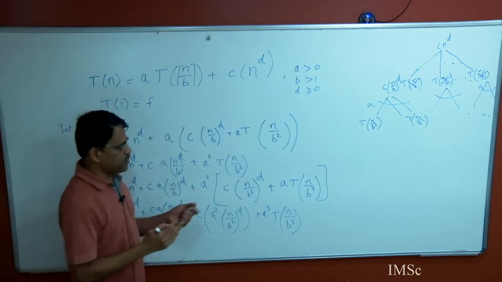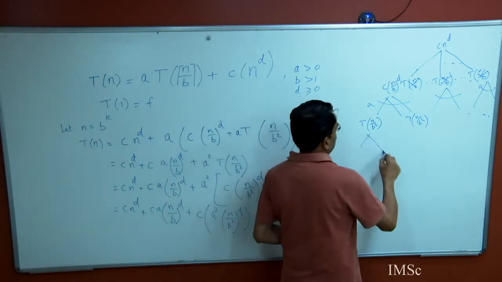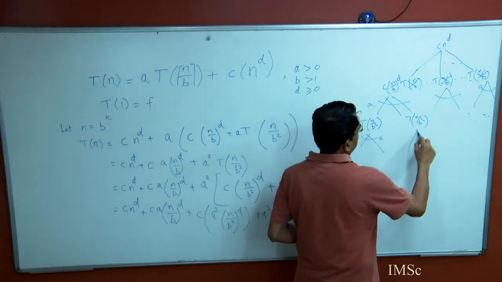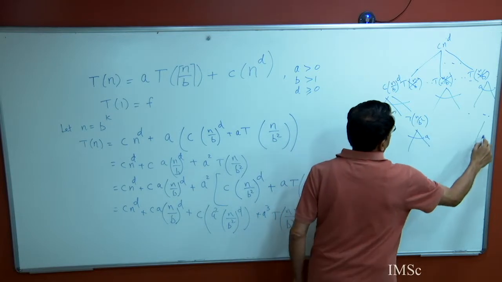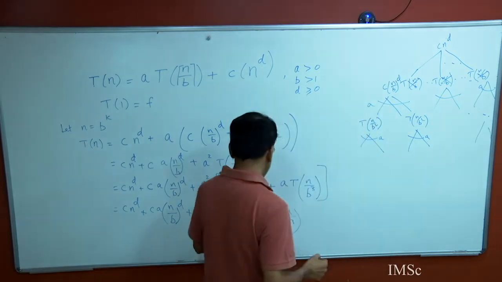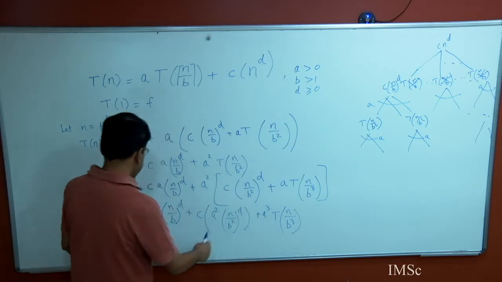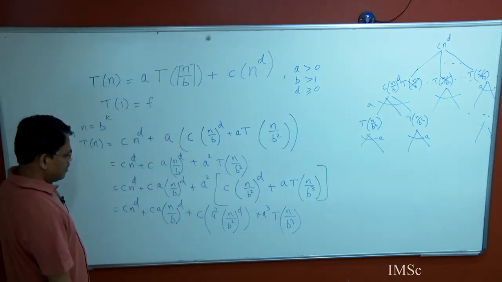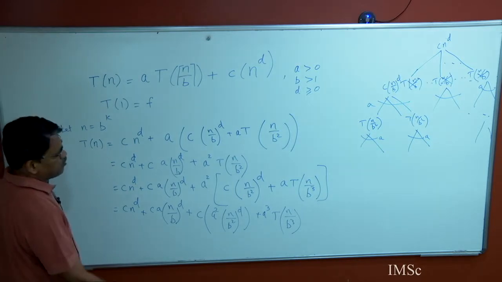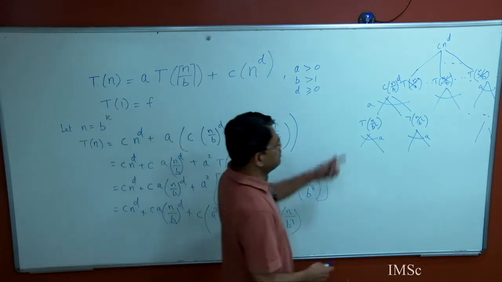Right, and you can keep expanding this. There will be some branching factor of A for each one of them. So, next time there will be A cubed T of n over b cubed. So, can you say what will it be in general, or what would be the height of this tree?